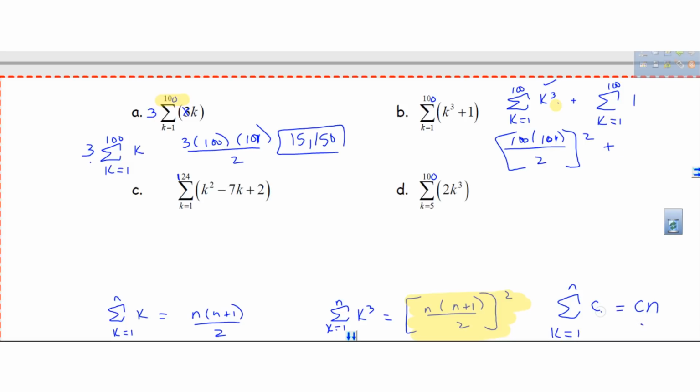It's going to be c, which is a 1, times n, which is a 100. So when I put this in my calculator, it's going to give me a big old number. I'm just going to read it out to you: 25,502,600. So 25.5 million is what you end up getting.